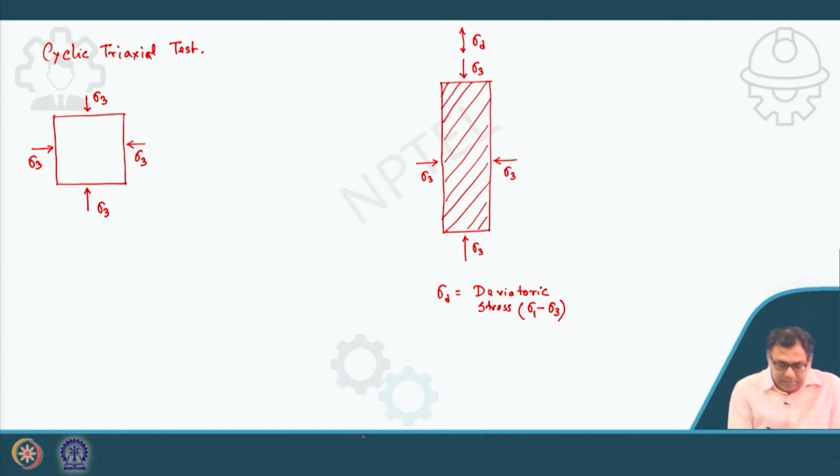In this soil element, all the stresses are sigma 3. Now if we take two planes, say the XX plane and the YY plane. The XX plane makes an angle of 45 degrees with the horizontal, and the YY plane also makes an angle of 45 degrees with the horizontal.